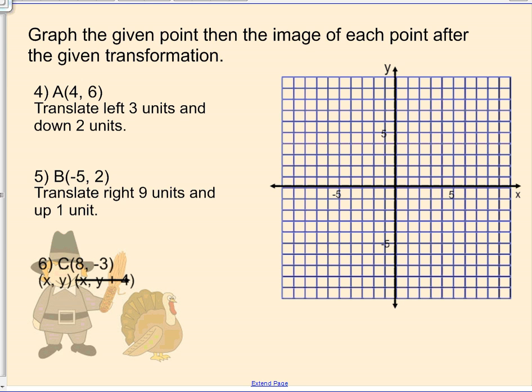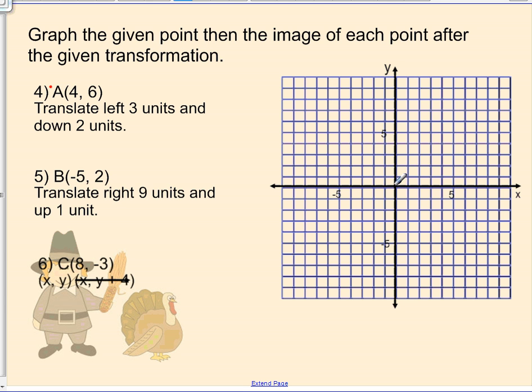All right, so knowing all those vocab words, we can actually take those and solve some of these problems. So we have graph the given point, then the image of each point after the given transformation. Okay, so the first one we're going to do is we have our point A, 4, 6, and I'm just going to do this in red, okay?